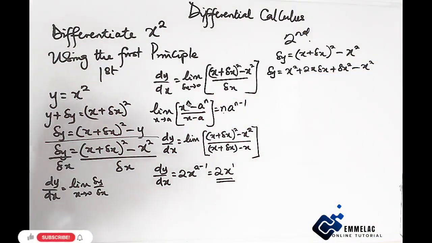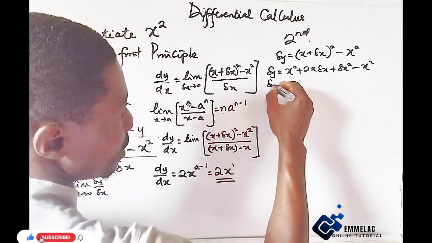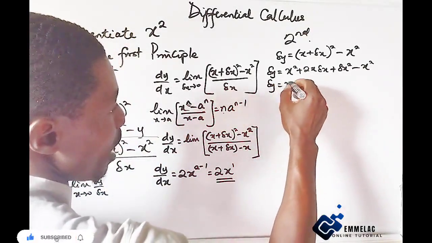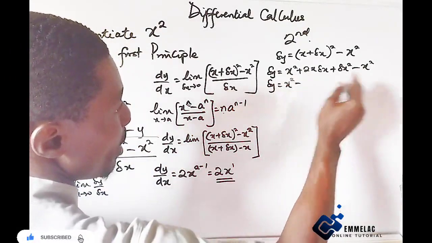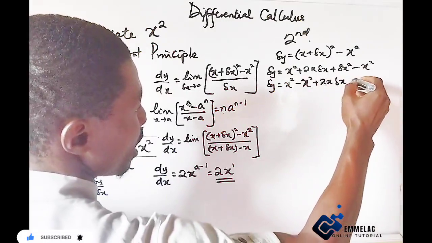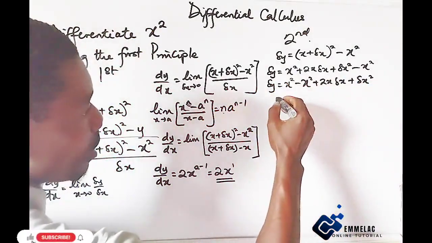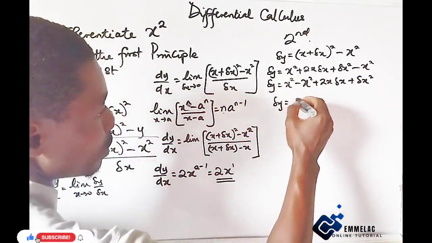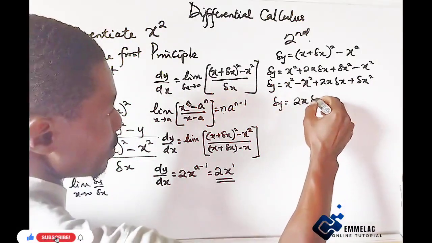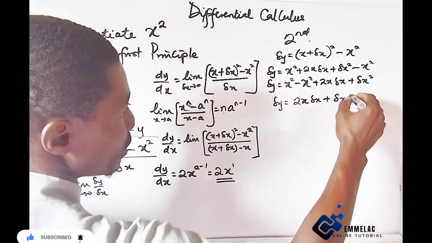Alright, so at this point, if we collect like terms, we will see that change in y equals x squared minus x squared plus 2x change in x plus change in x all raised to the power 2. So we end up having change in y equals 2x dx plus change in x raised to the power 2.